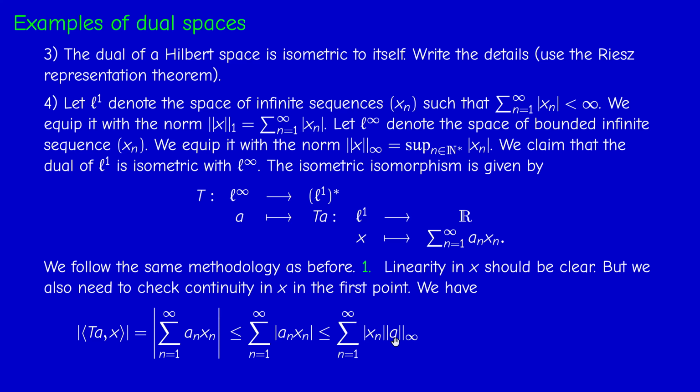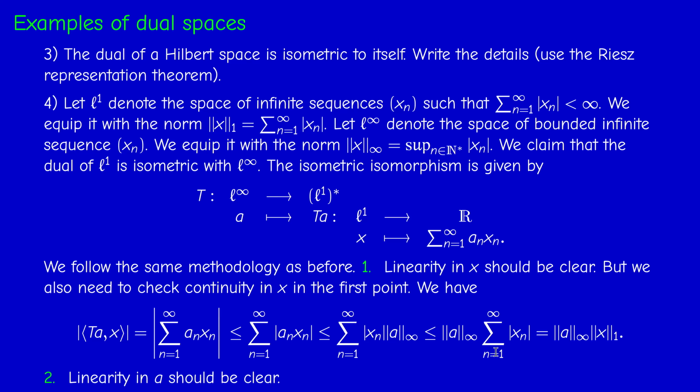So now this does not depend on n, so I can put it outside and I get norm infinity times this series, which is just norm infinity times norm of x. So this means this is continuity in x. So TA is really a linear bounded map from L1 to R. So it's an element of the dual. Okay.